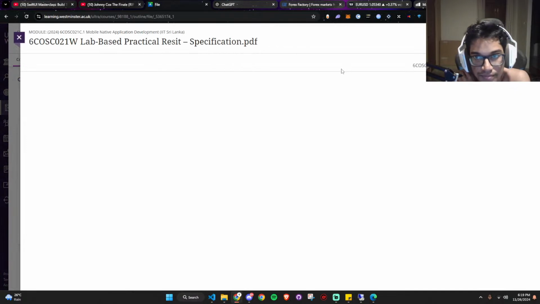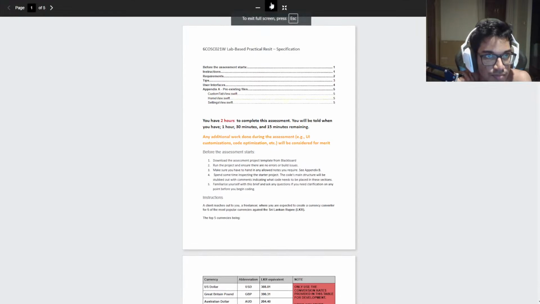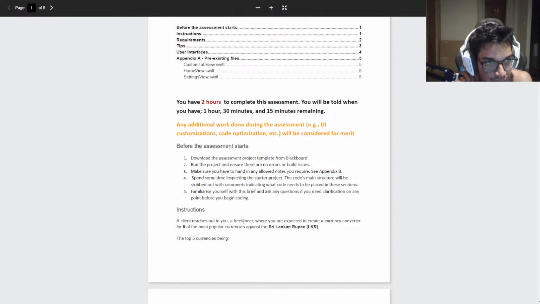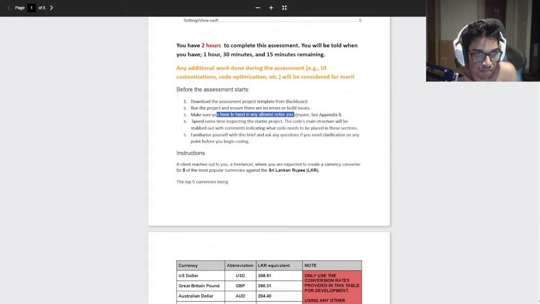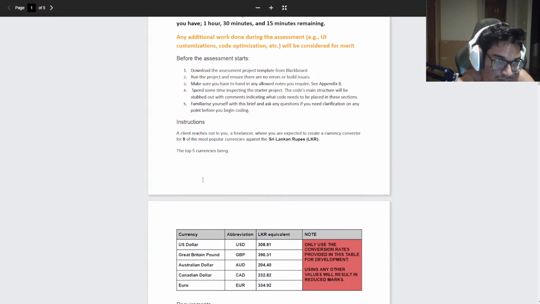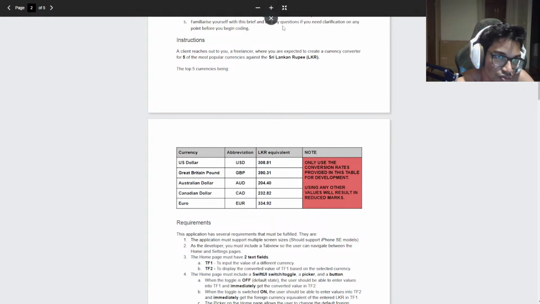Not too sure though. Yeah, I can't download it. Money conversion rates. Interesting.